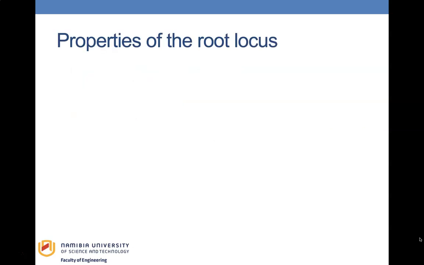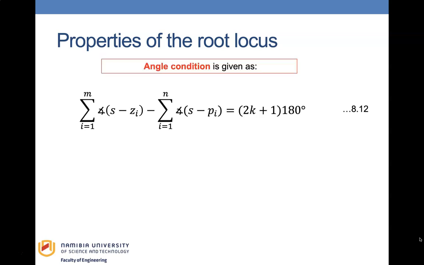The angle condition, represented by equation 8.12, which is the same as equation 8.7, indicates that given the poles and zeros of the open loop transfer function, a point in the S-plane is on the root locus for a particular value of gain k, if the angles of the zeros minus the angles of the poles all drawn to the selected point on the S-plane add up to 2k plus 1 multiplied by 180 degrees.